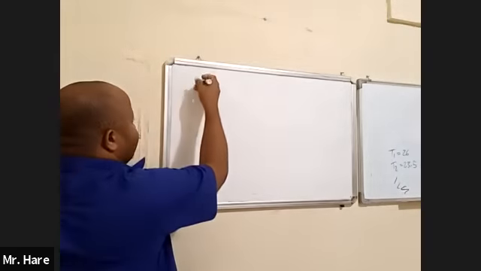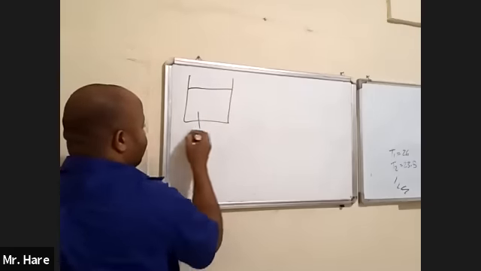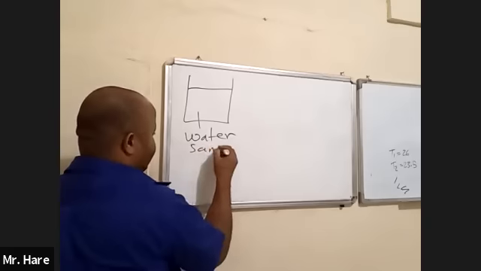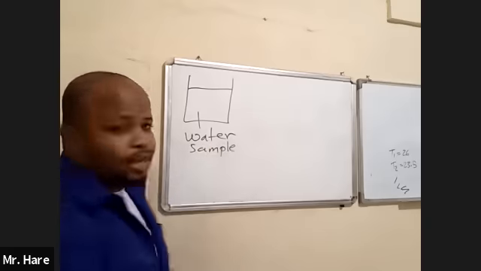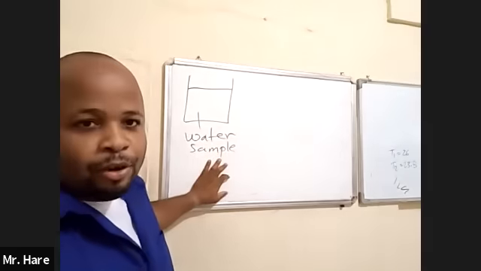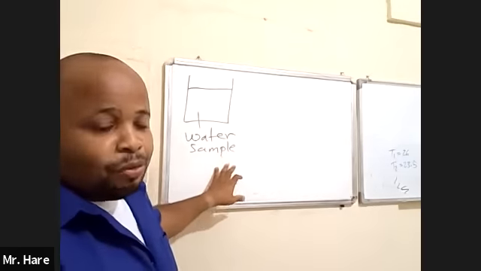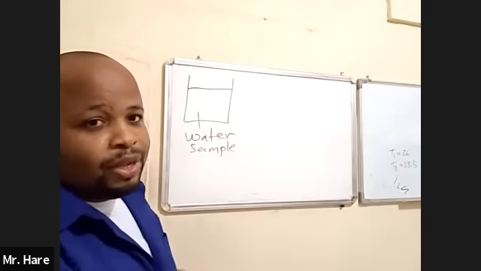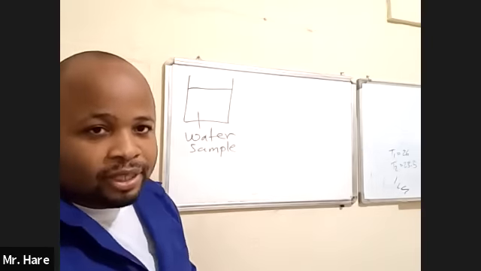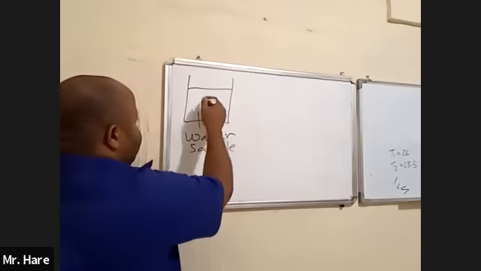You have a water sample, and chloride ion is present in it, and you are trying to figure out the quantity of chloride ion present. The first thing we need to do in gravimetric analysis is convert whatever ion is present to a precipitate.